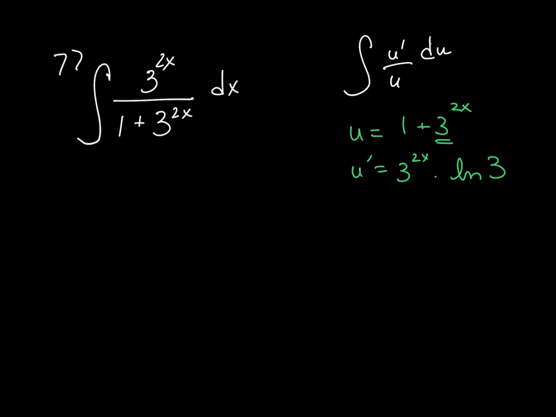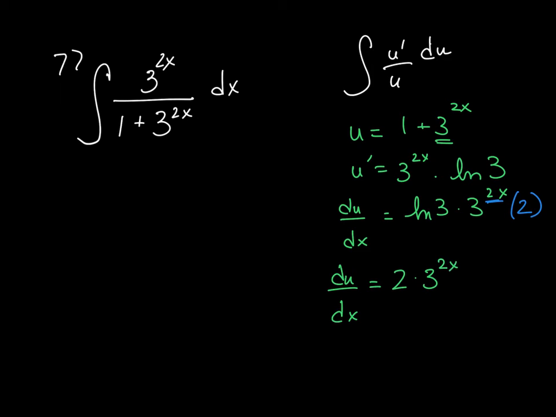Making sure we put it back in the correct units, this is equal to du over dx, which is equal to the natural log of 3 times 3 to the 2x. But we have to remember that this is 3 not just to the x but to the 2x, so we have to use a chain rule here again and multiply that times 2. So what we end up getting here is du over dx is equal to 2 times 3 to the 2x times the natural log of 3.